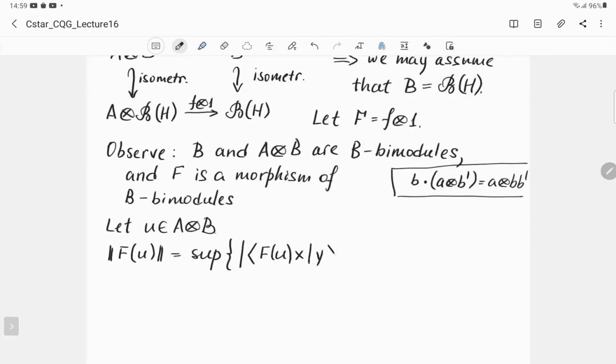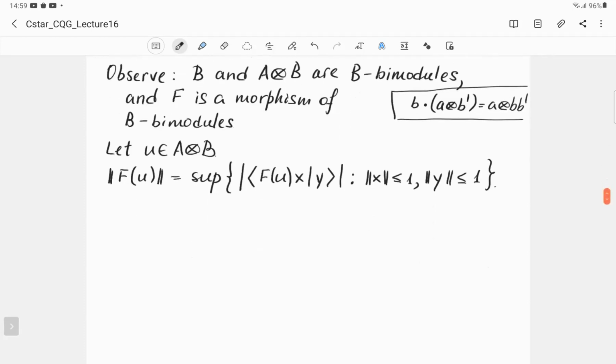We consider the following inner products where x and y run over the closed unit ball of H. And we have this equality. This is a simple exercise in functional analysis. This equality holds for each operator on a Hilbert space.